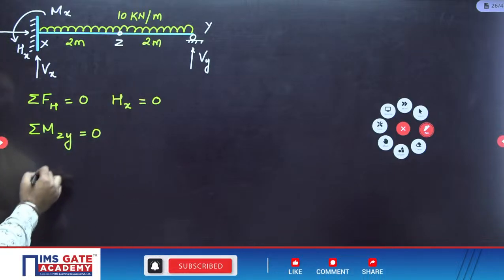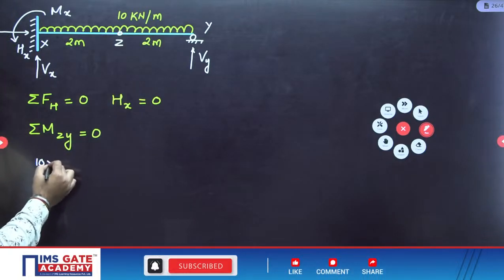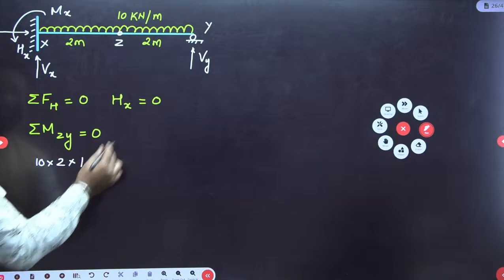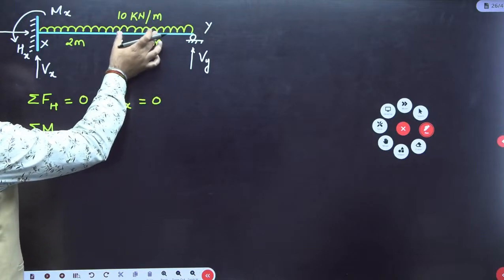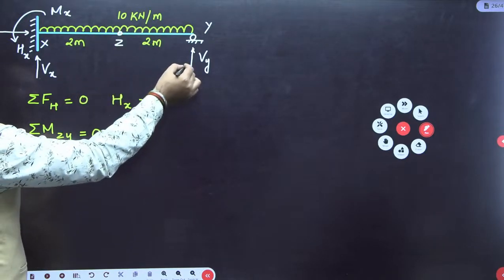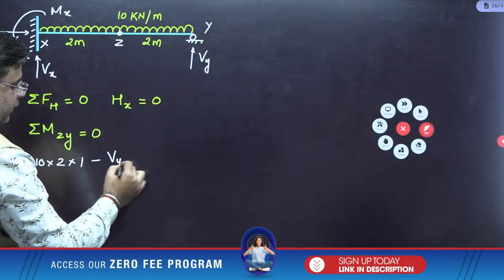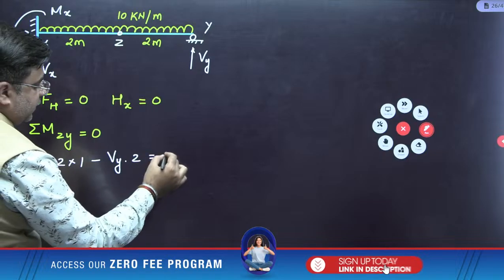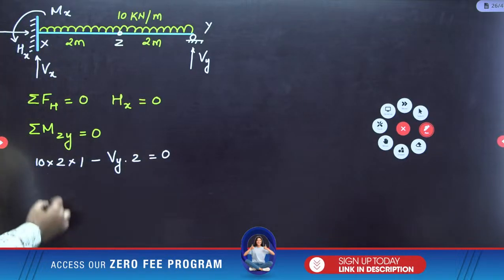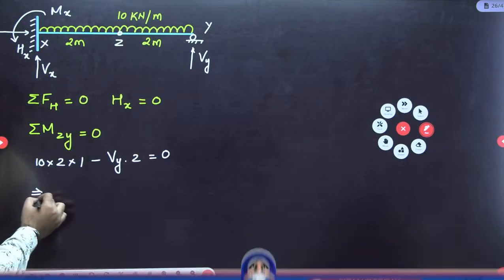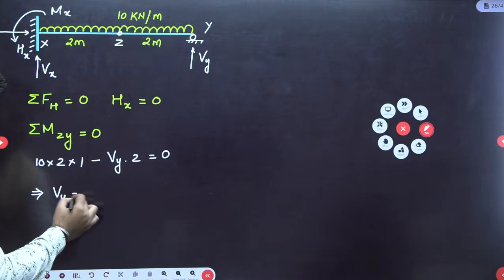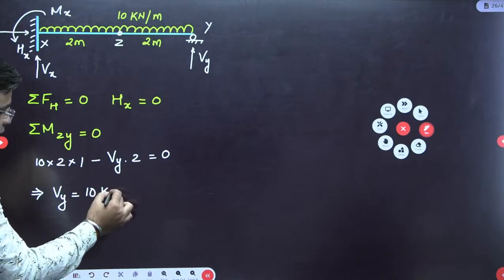Value will be 10 into 2 is the total load, into 1, where 1 is the distance between the CG of this UDL and point Z. The second moment will be due to this Vy, and it is an anti-clockwise moment. So Vy into 2 is equal to 0, right? So from here the value of Vy came out as 10 kilonewton.